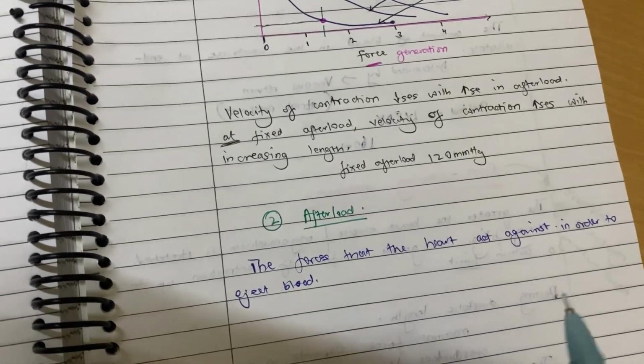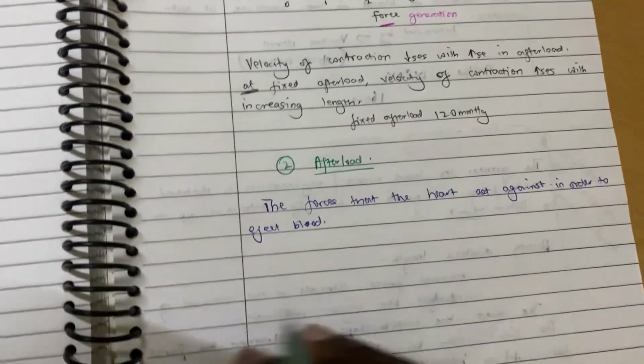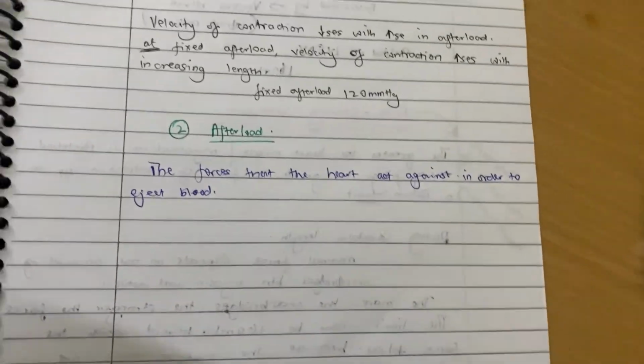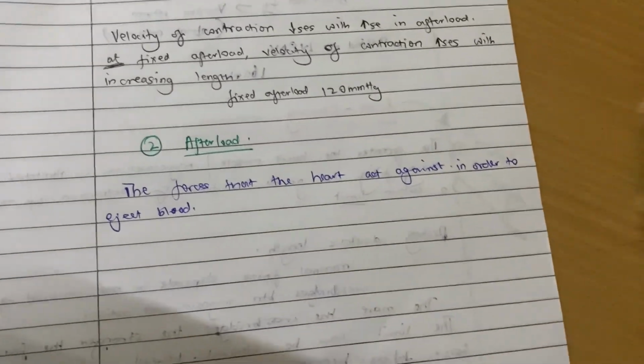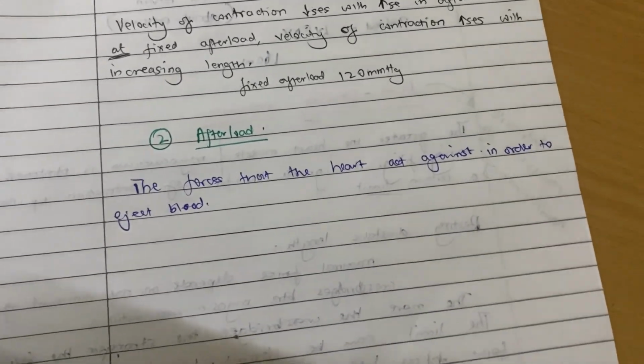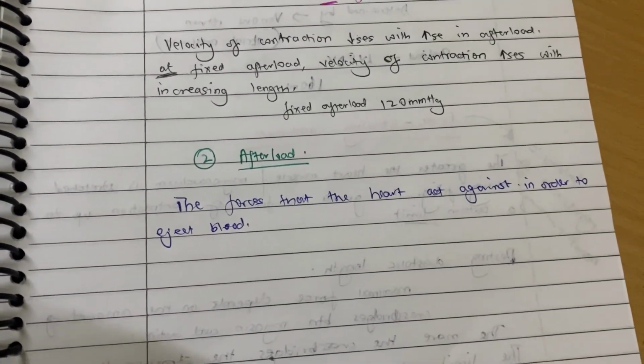Simple, as simple as that. The forces the heart must overcome before it ejects blood into the aorta, like in case of LV, or into the pulmonary artery in case of RV.